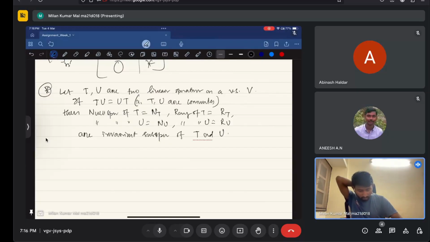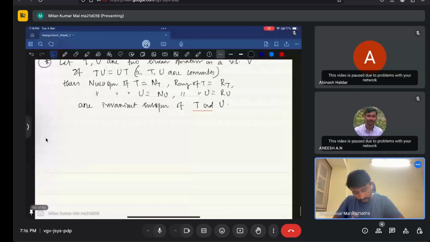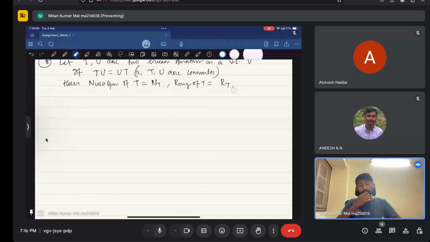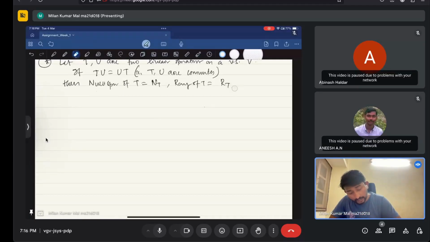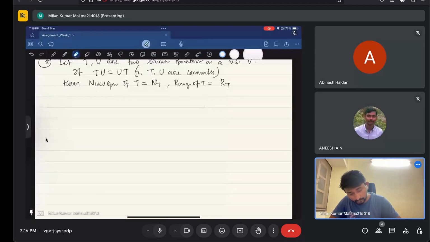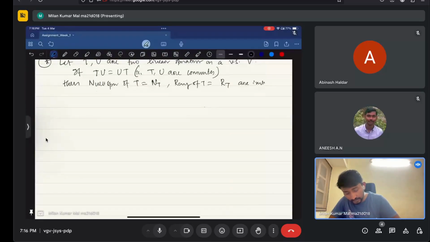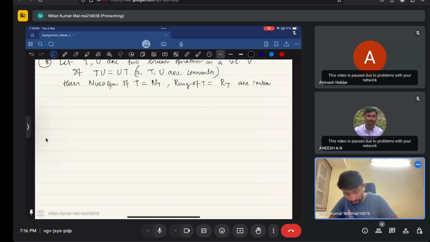Sorry, I mean not that way. So one can write it this way: the null space of T and the range space of T are invariant subspaces of U. Let's see how.